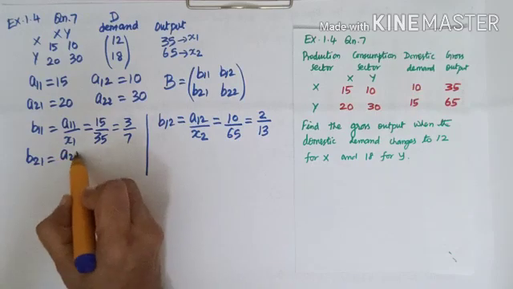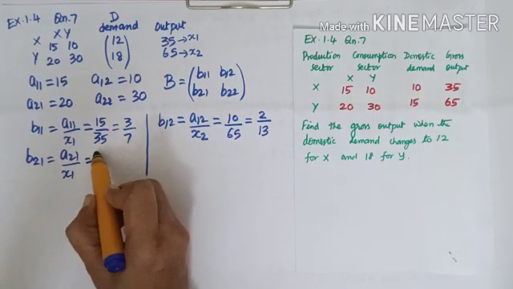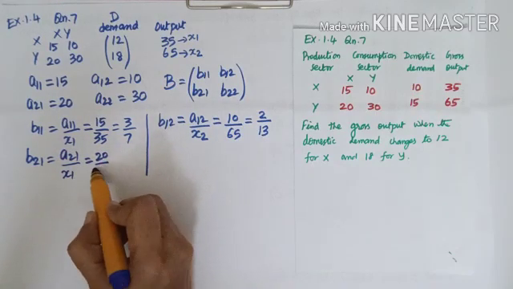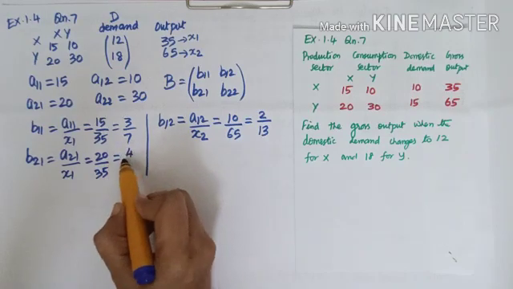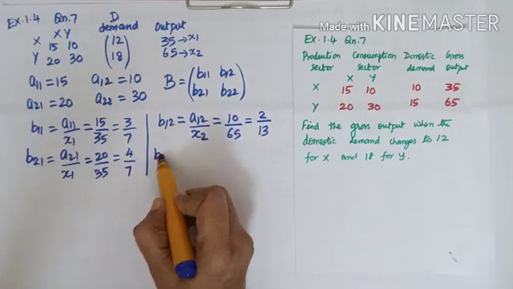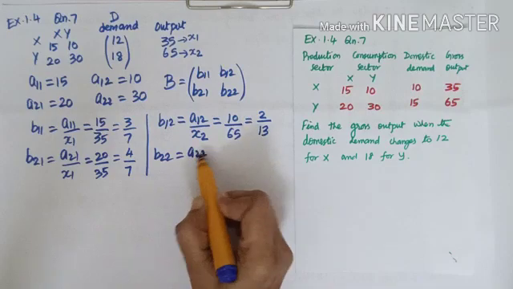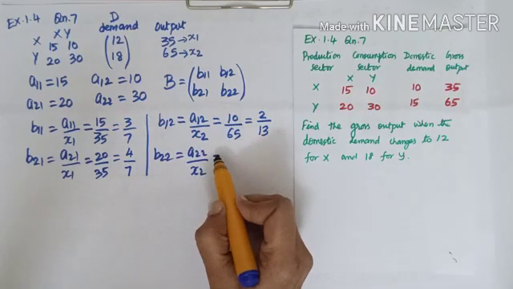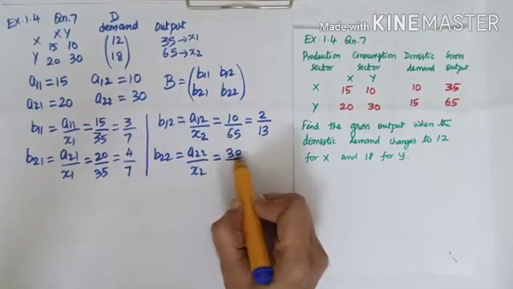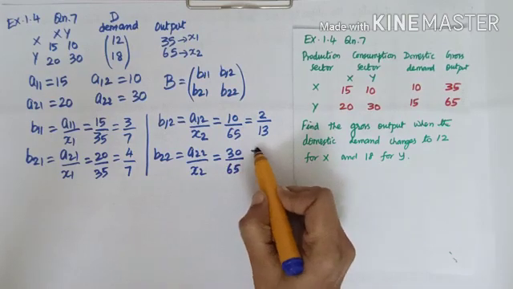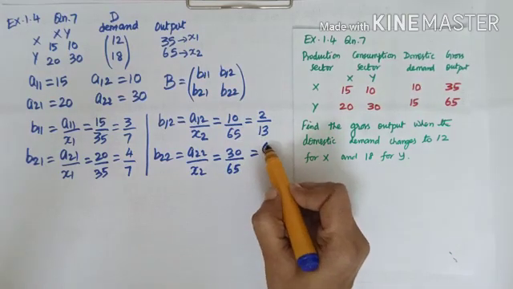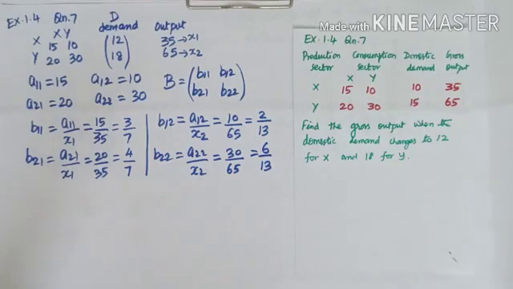B21 is A21 by X1, that is 20 by 35. 4 fives are 7 fives are. B22 is A22 by X2, that is 30 by 65. Cancel by 5, 6 by 13.